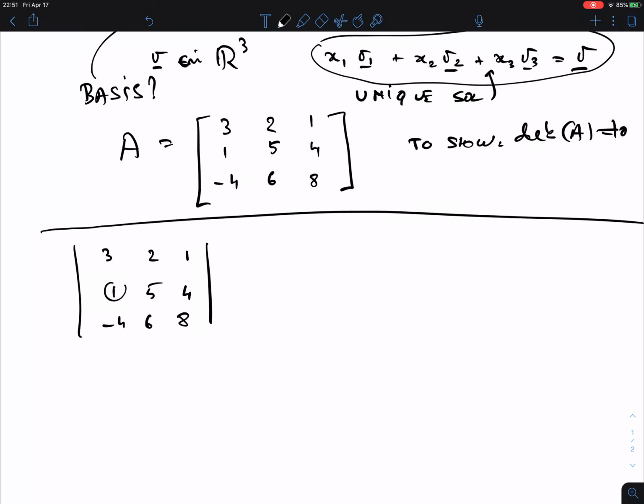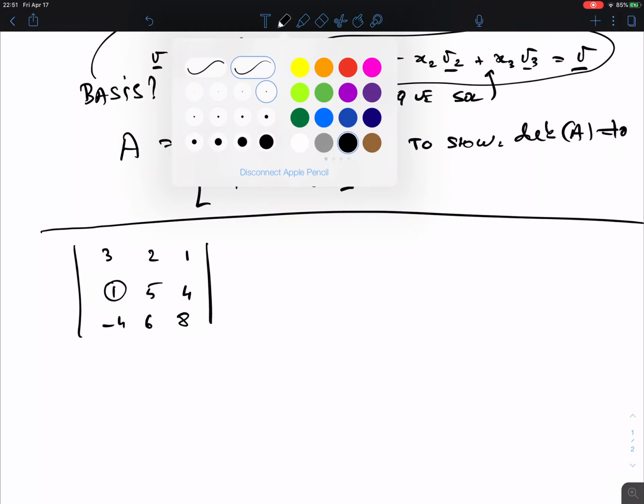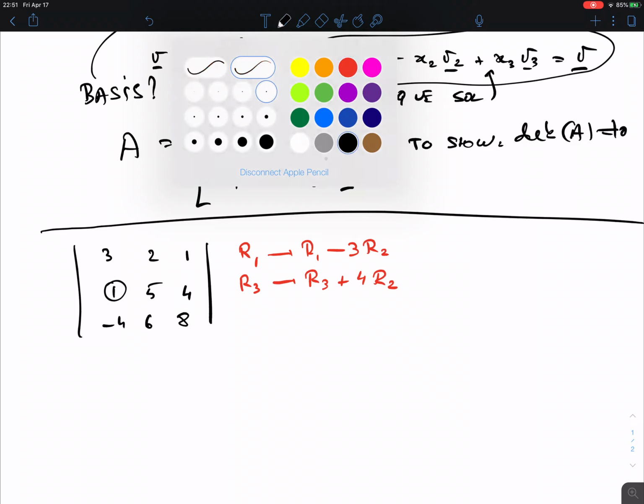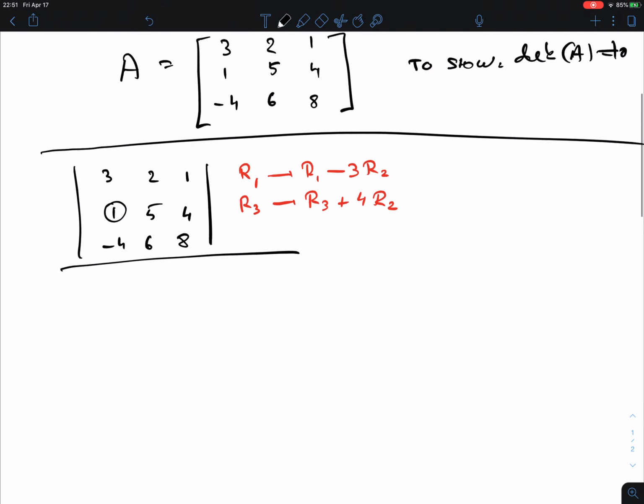I have a 1 here that I can use as a pivot. The row operations I'm going to do: replace row 1 by subtracting 3 times row 2 from it, and add 4 times row 2 to row 3, using the pivot to get zeros in the rest of the first column.